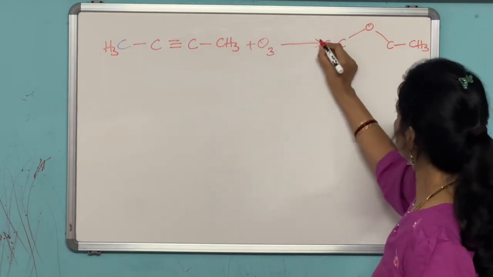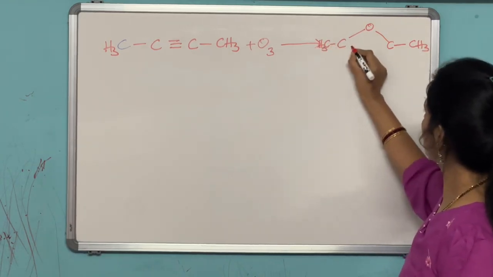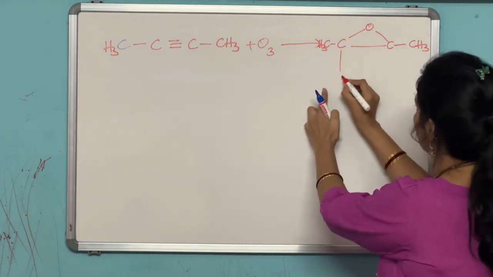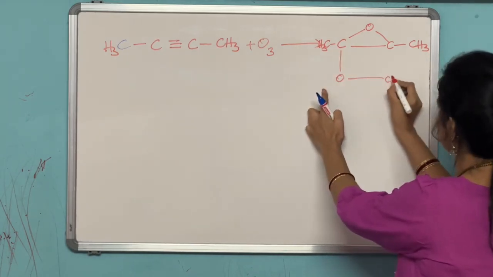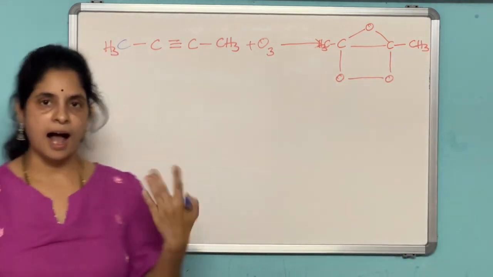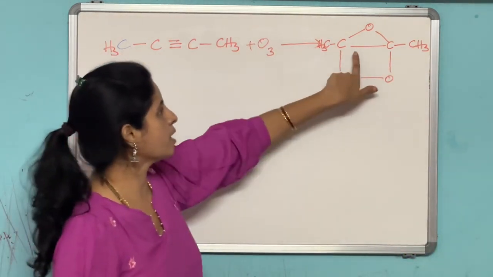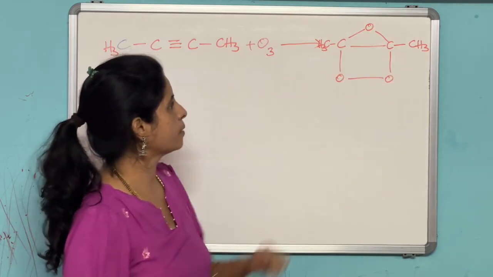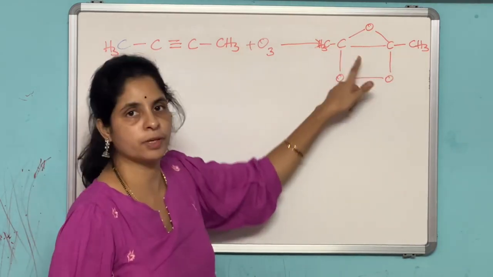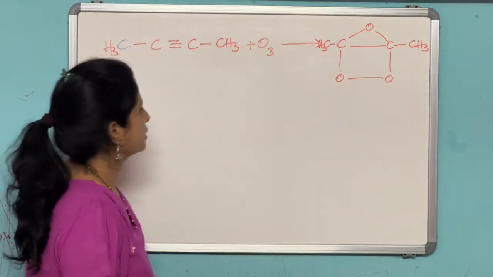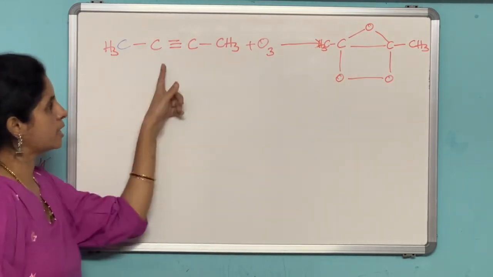Here is your CH3, one bond as it is. And here oxygen, oxygen. This is similar to alkene, but here in the alkene there is no bond between this carbon and carbon. So each carbon got 4 bonds, no? So that's it. This is the ozonide formation in the case of alkyne.